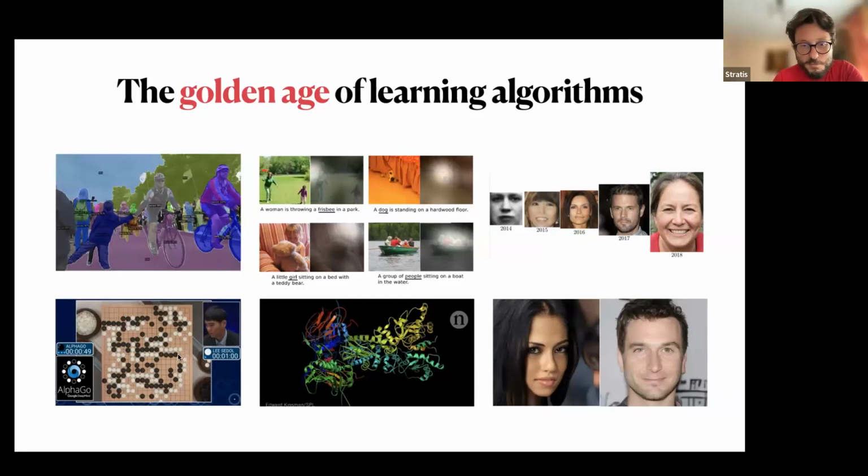We had algorithms beating the 18 times world champion in Go, Lee Sedol, and we had algorithms actually solving the protein folding challenge after 30 or 40 years. So what is extremely relevant and interesting for deep learning here, for the talk, is that all these challenges, all these tasks share the same algorithm, the same framework, deep learning, neural networks.